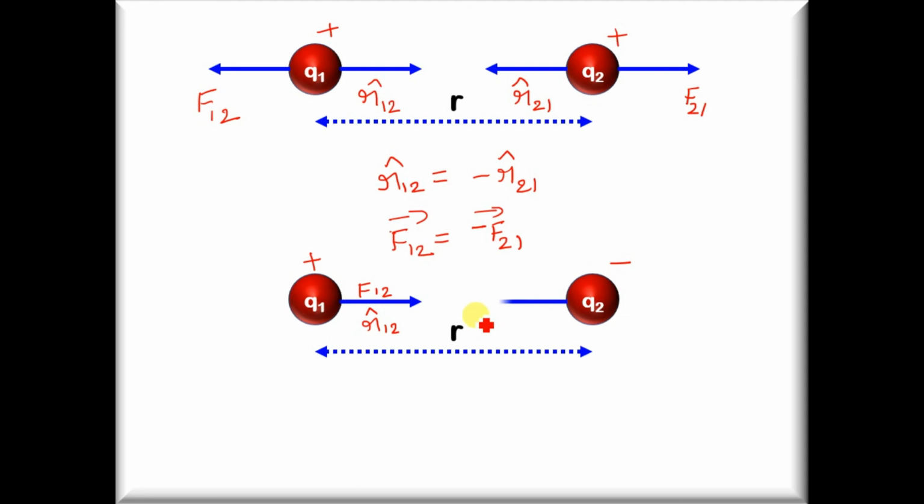In a similar way, the force acting on Q2 due to Q1 is F21, and the corresponding unit vector will be in this direction. So even in this case you will have F12 equal to minus of F21. So this is how the forces act on each charge, when both are positive charges and when one is positive and another one is negative.